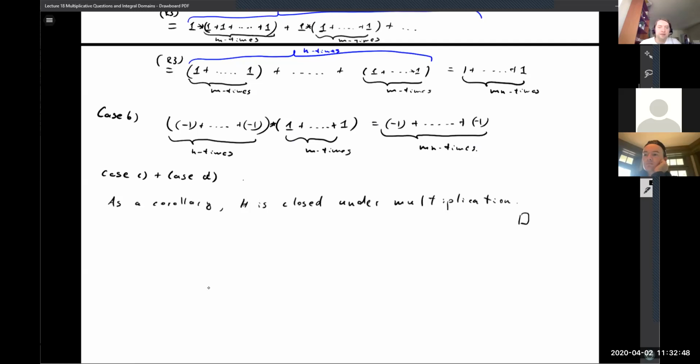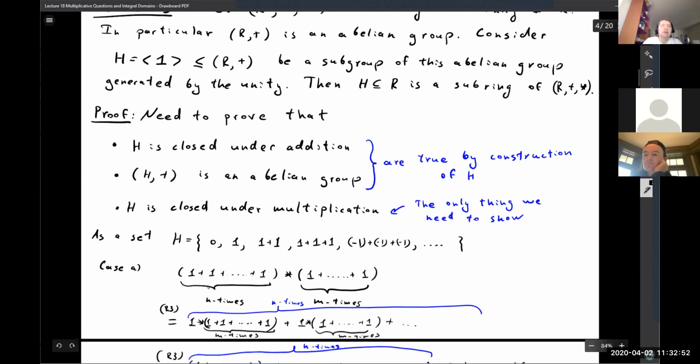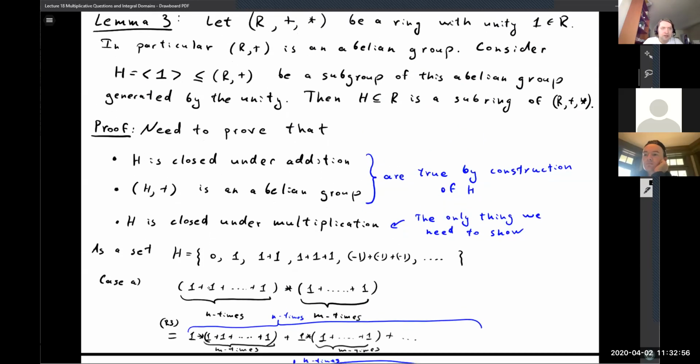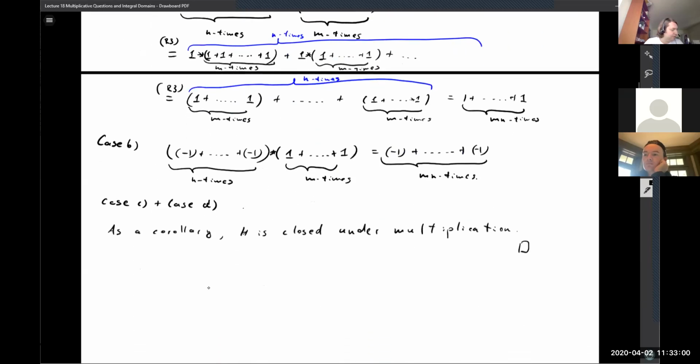Now this subring gives rise to the definition of a characteristic. So that will be our definition 3, I believe.